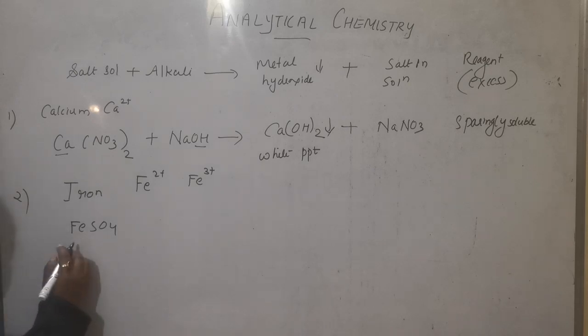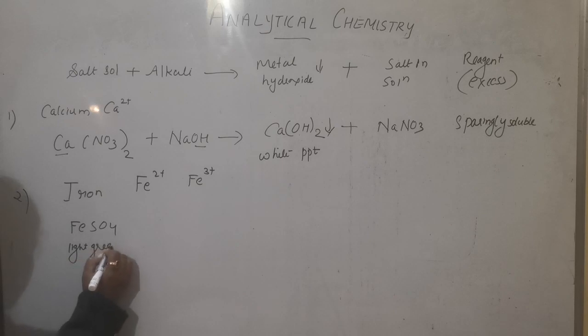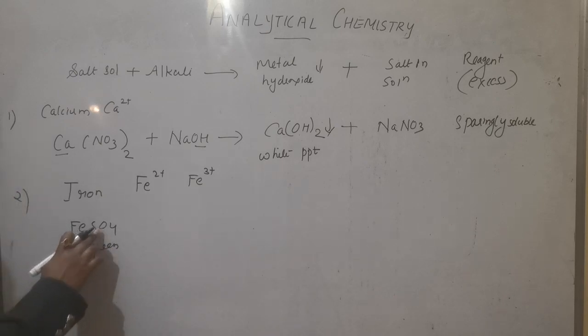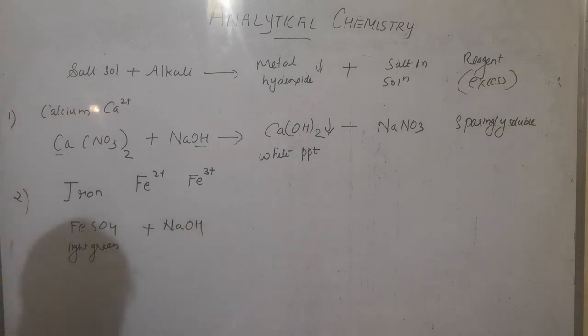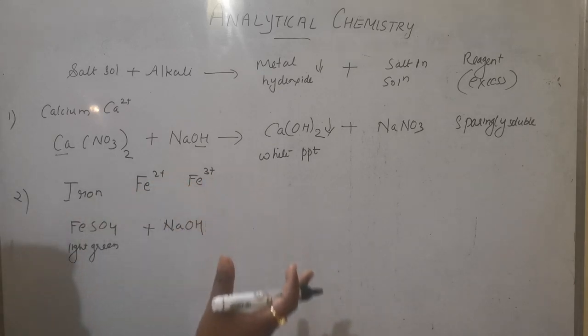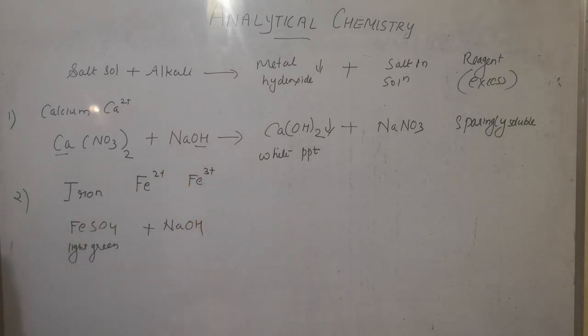We know that ferrous iron is light green, and sulfate is colorless, so the resulting solution could be light green, and we have to add NaOH to it. See, in this chapter you will get questions related to these equations, so you have to learn them. There is no other choice. You have to learn all the reactions very nicely.